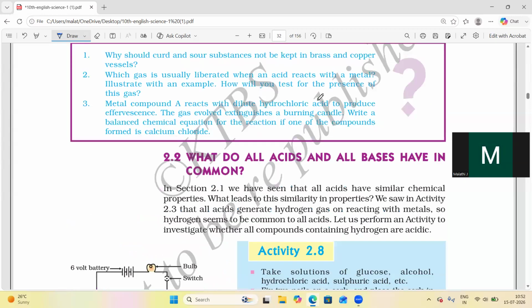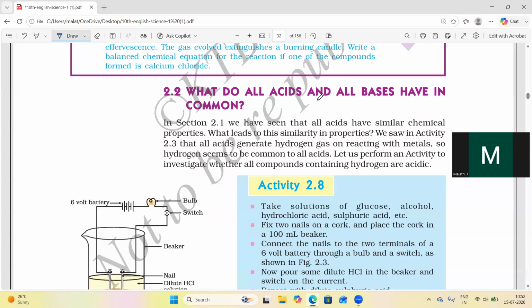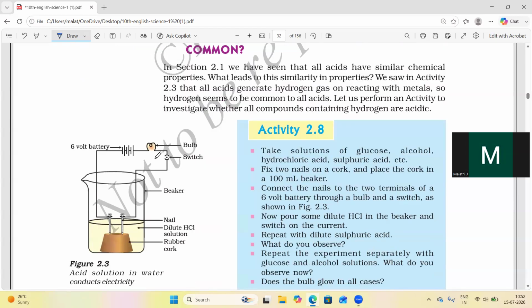Then what is common to both acids and bases? Observe the activity. Here you have a dilute hydrochloric acid solution, and two iron nails fixed into a rubber cork. To this, you connect a wire to the switch, and there is a bulb.